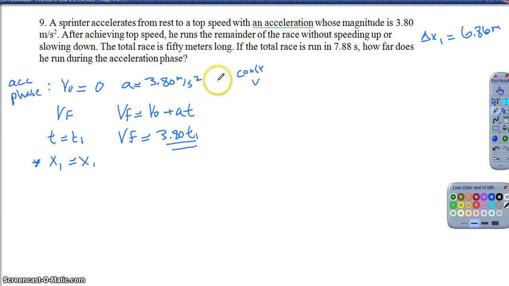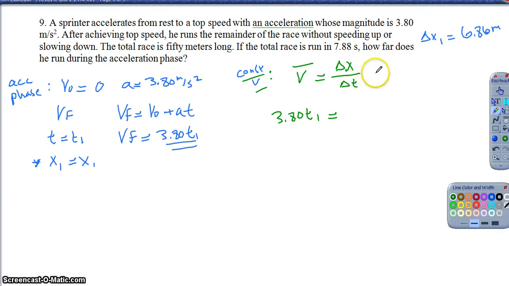Okay, so then I jump over here to the constant velocity phase. So let's do our constant velocity. Well, during the constant velocity, we know the only equation we're using is, right, delta x, my change in displacement over my change in time. Well, I just found the constant velocity in terms of t1, so this would be 3.80 t1. I don't know how far he went for the second stage, but I do know that however far he goes for that first stage, right, we're just going to take the total distance of 50 minus that.